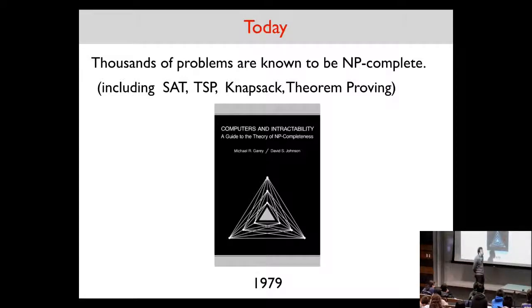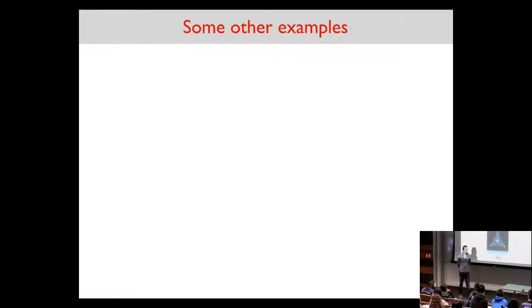It contains hundreds of useful NP-complete problems. There are not many computer science books written in the 70s that are still relevant today. The field is progressing very quickly, but this book is definitely still relevant.